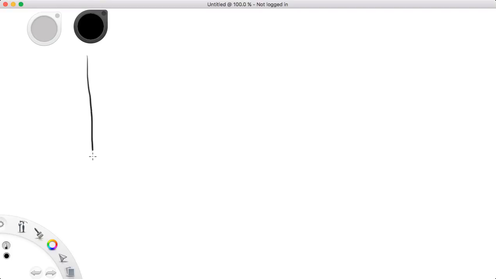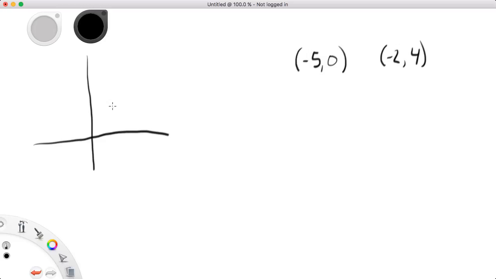So if you've got your plane, our first question was: find the distance between the points -5, 0 and -2, 4. So in order to do that, here we go.